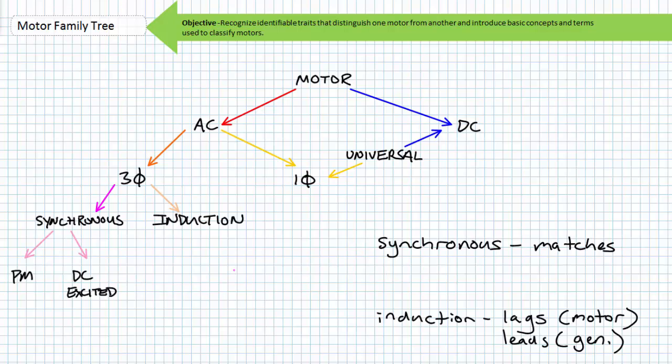A synchronous motor essentially has magnets on the rotor. There are electrically excited versions that use an external DC source to create an electromagnet, and there are non-excited versions which use a permanent magnet or magnets on the rotor. This division is not meant to be exhaustive.